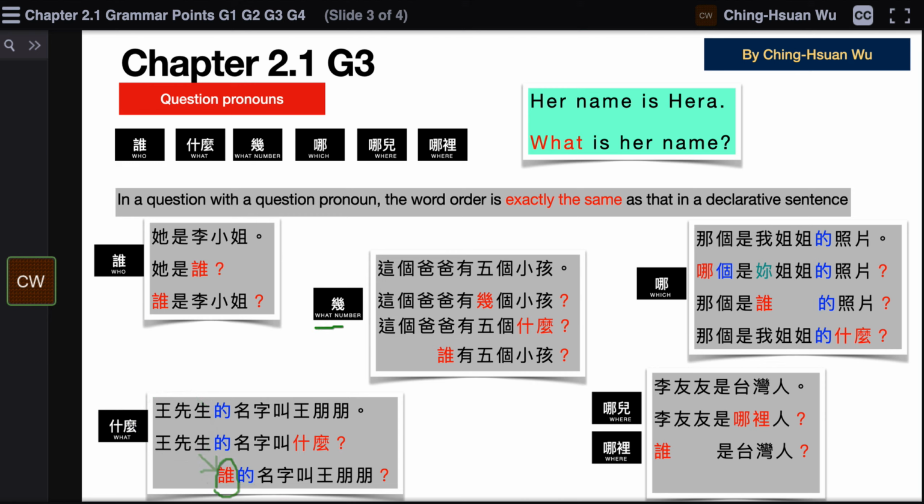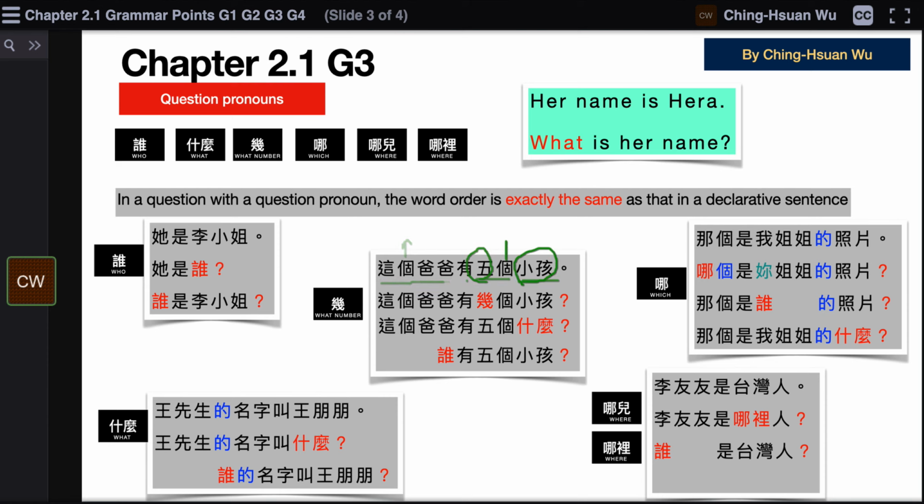Next, 几. 几 is used to ask about numbers. 这个爸爸, this father. Here's your measure word. 这个爸爸有5个小孩. Again, you have a number, you have a noun.